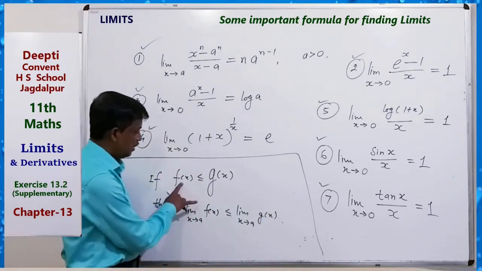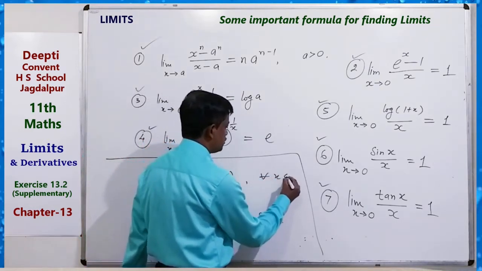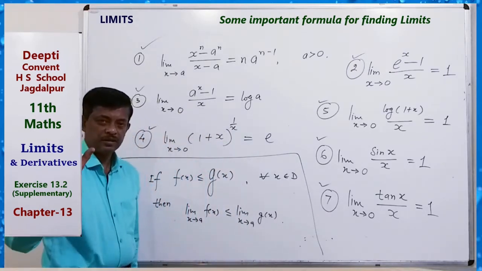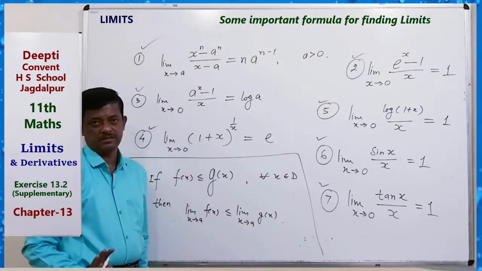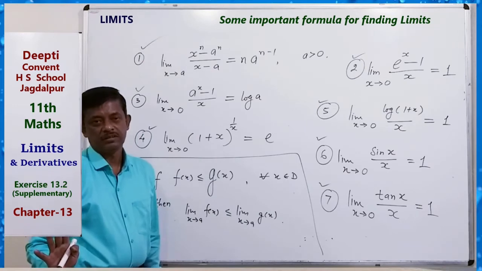Okay, f(x) and g(x) have a common domain for all x belonging to D, and a is the point. If f(x) is less than or equal to g(x), then its limit is less than or equal to its limit.